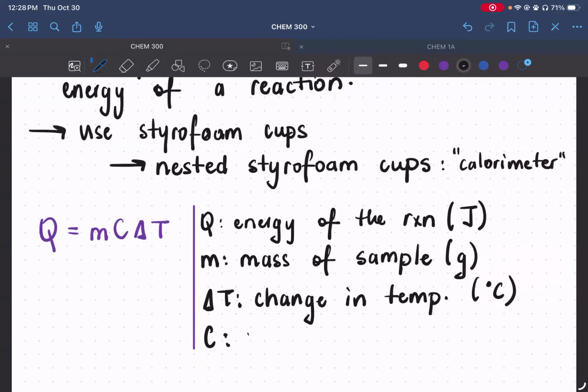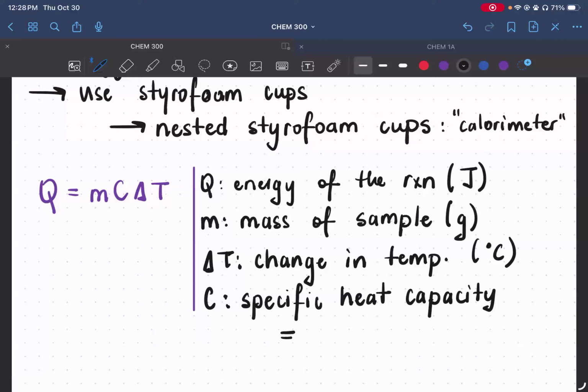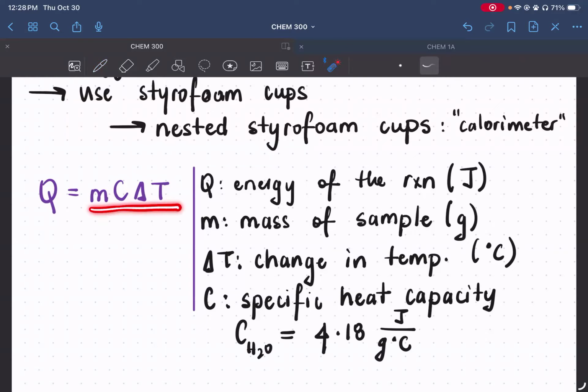And capital C is a constant. It is what's known as a specific heat capacity. And since we will be working with water, the specific heat capacity of water will always be 4.18 joules over grams Celsius. So a simple setup follows a simple formula.